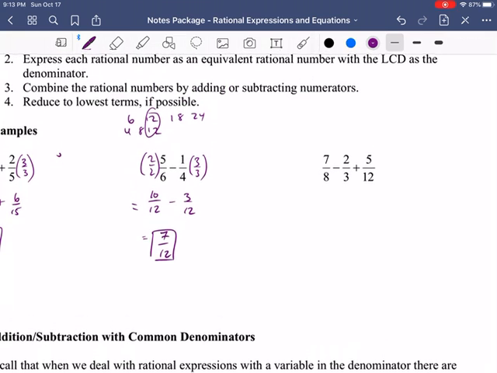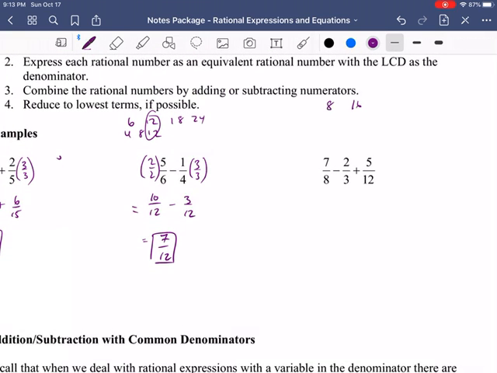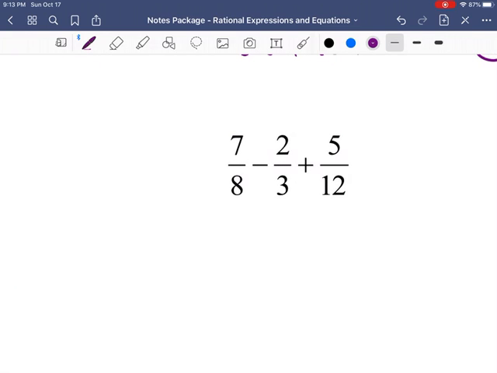All right, what happens if you have 3 terms? Think through the multiples of 8: 8, 16, 24. Multiples of 3: 3, 6, 9, 12, 15, 18, 21, 24. And multiples of 12: 12, 24. So clearly it's 24. We're going to multiply this one by 3, this one by 8, and this one by 2.